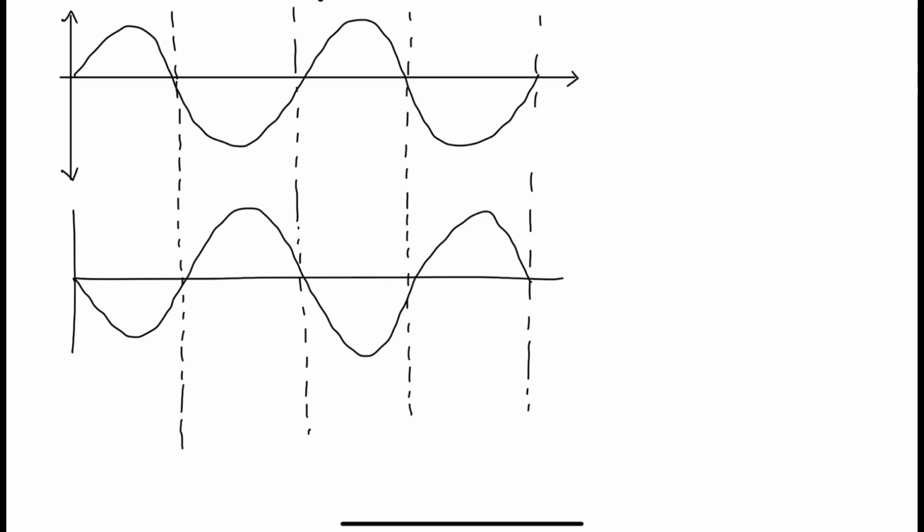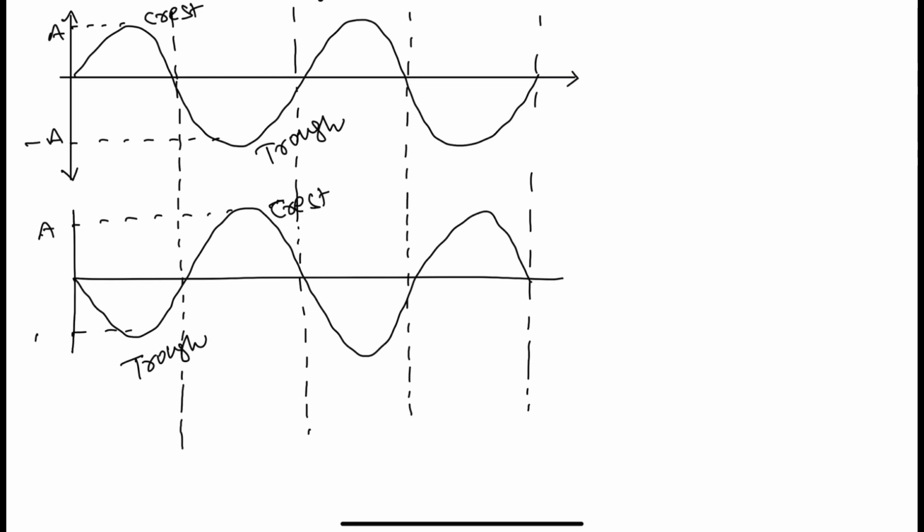The crest of the first wave falls on the trough of the second wave, and the trough of the first wave falls on the crest of the next wave. Its amplitude is A and the other is minus A. Two waves with the same amplitudes: this is wave 1, this is wave 2.